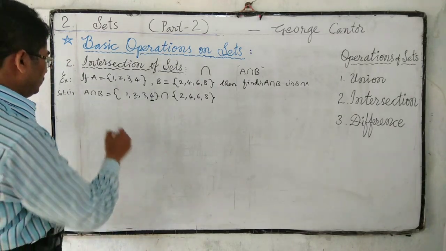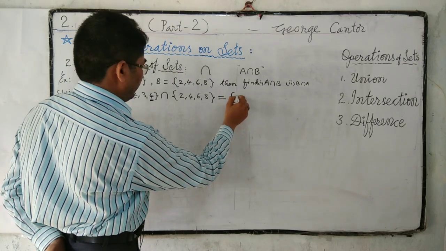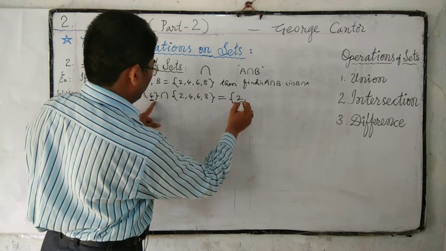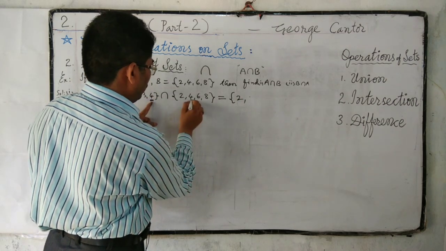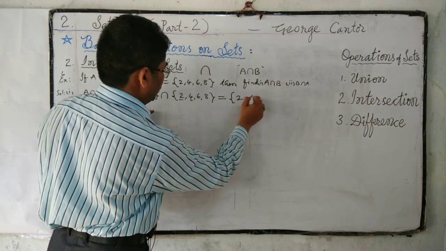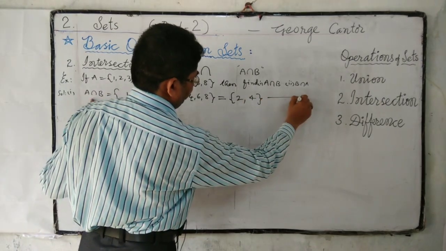So this is A intersection B, 2 and 4. This is A intersection B.